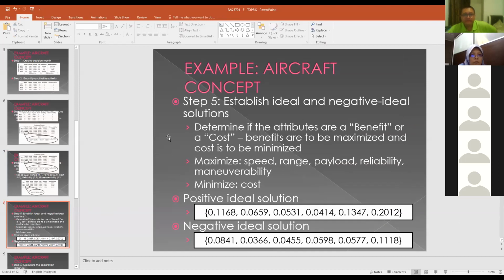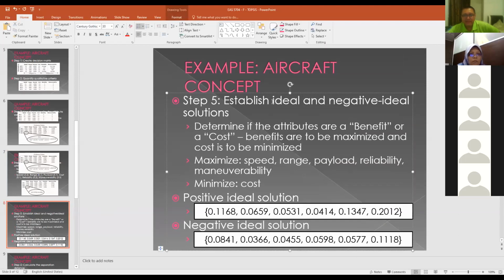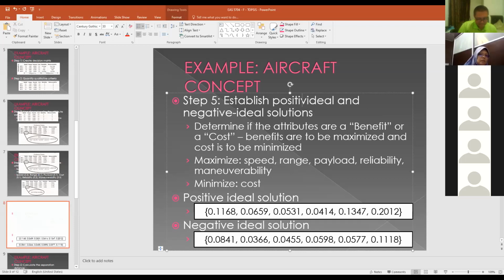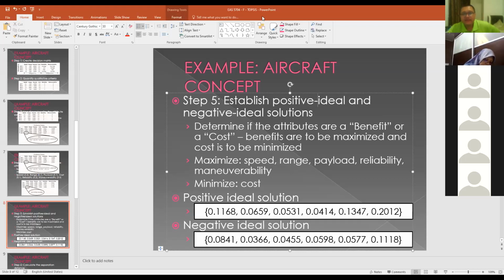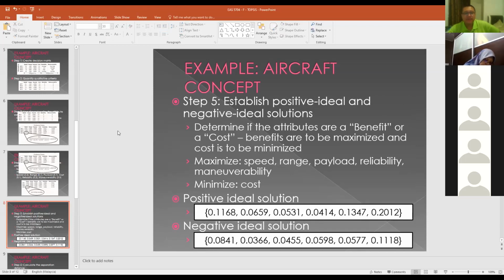Okay, anyway, the step number 5, we need to establish the positive ideal and negative ideal solution.